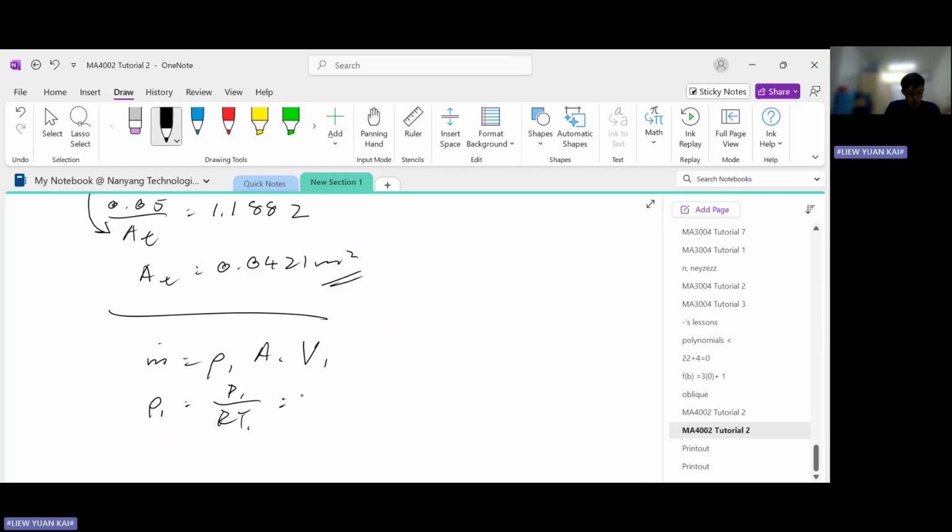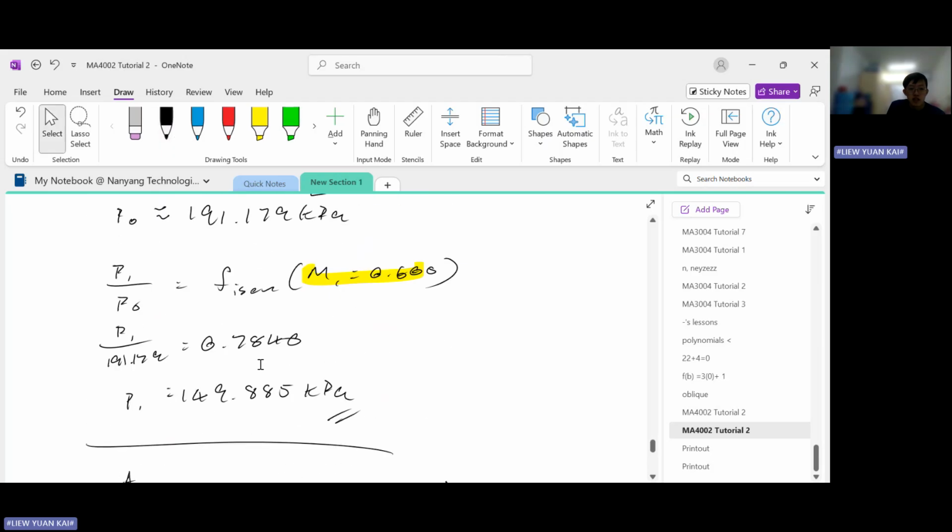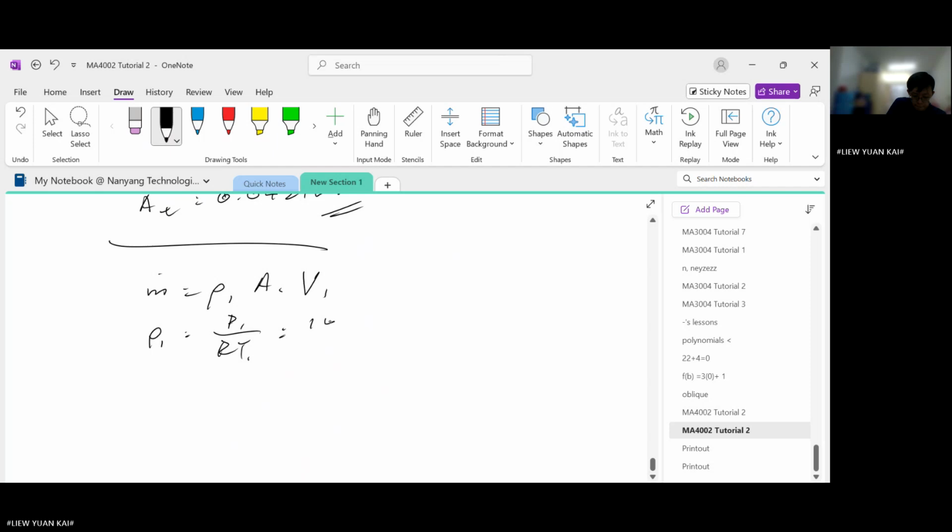Okay, in other words, the ideal gas law. The pressure we got just now was here, right? Except we need to change it to Pascal. So multiply by 1000. And then the temperature is given. Okay, so this is our density.